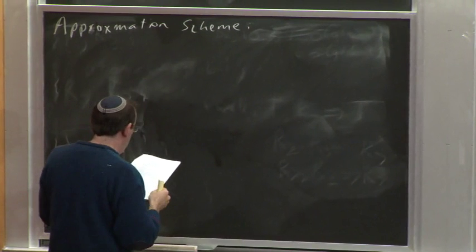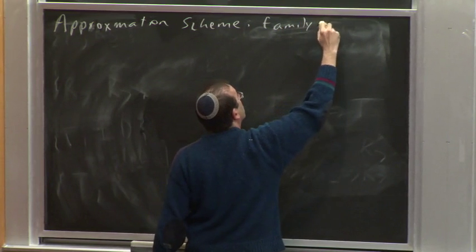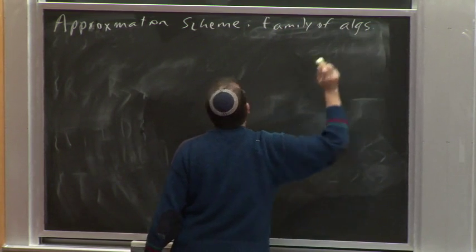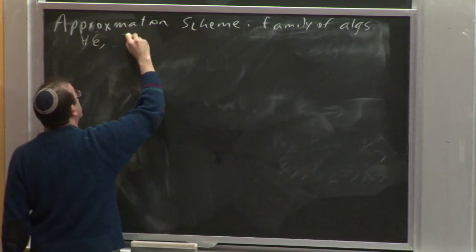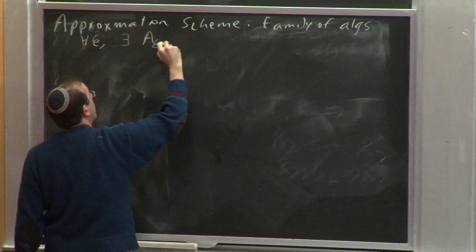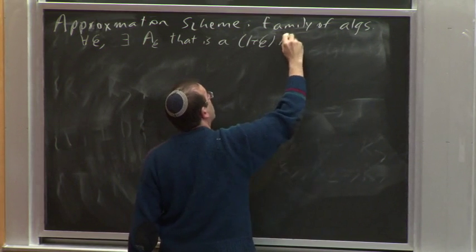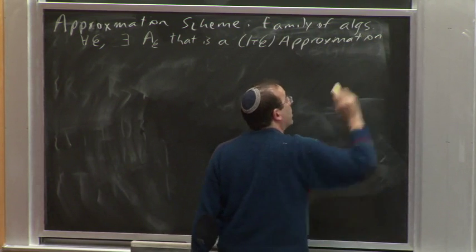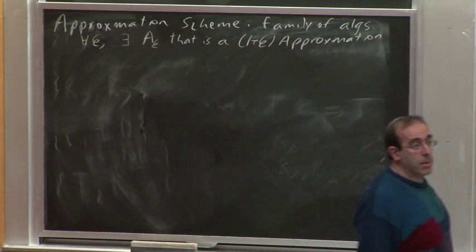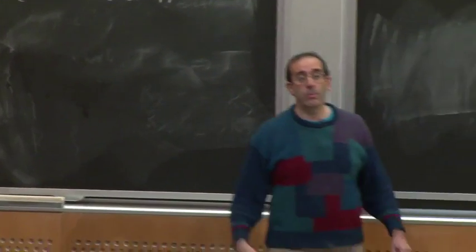An approximation scheme is a family of algorithms such that for every epsilon, there exists an algorithm A sub epsilon that is a 1 plus epsilon approximation algorithm. So we're going to see today a number of problems where we can get approximation algorithms that are as good as we would like them to be, all in polynomial time.